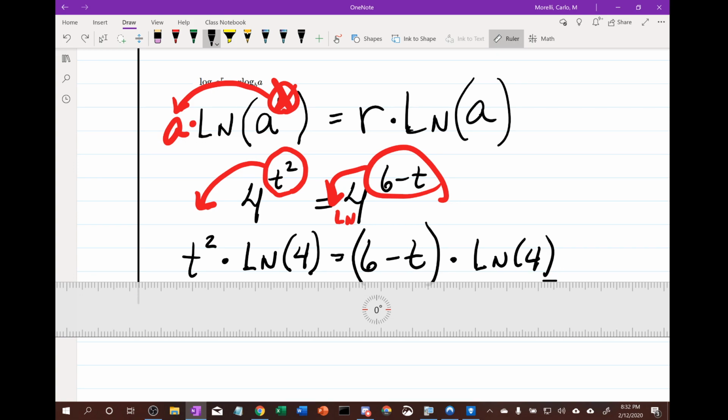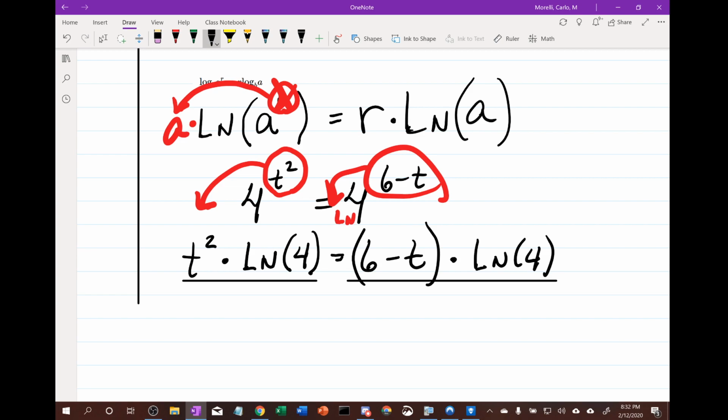On both sides of the equal sign, I can just divide by ln of 4 because it's the same on both sides. Now look what happens when I do that.